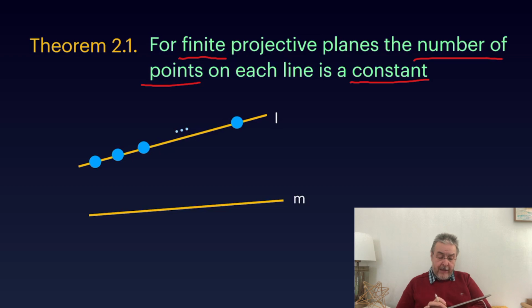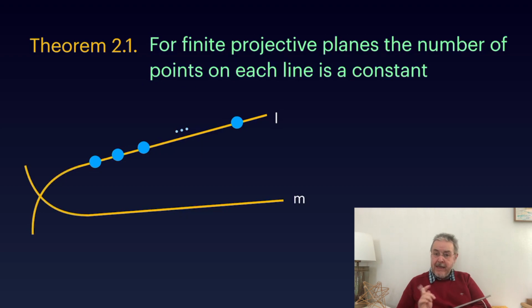Our two lines are lines in a projective geometry, so they must meet in one point, and well, one of those points must be at this intersection.